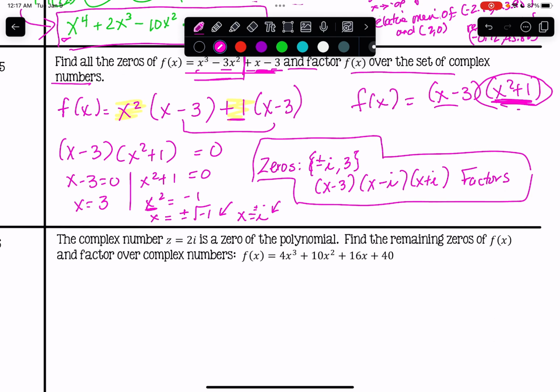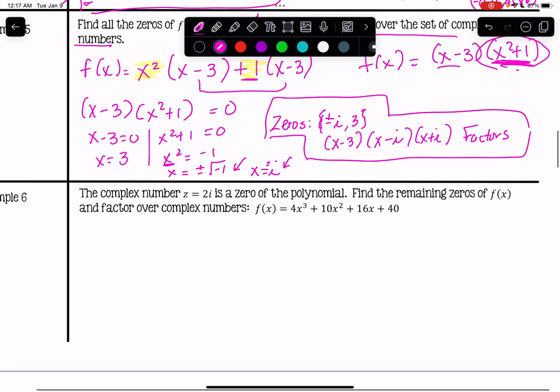All right, let's look at Example 6. So it says a complex number, z equals 2i, is a 0 of the polynomial. Find the remaining zeros and factor over the complex numbers. Okay, so I don't really know why we have a z.